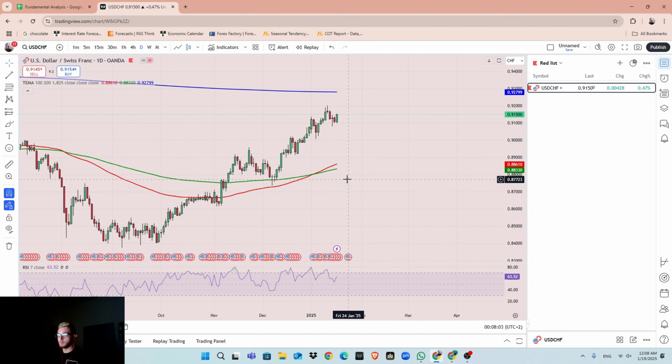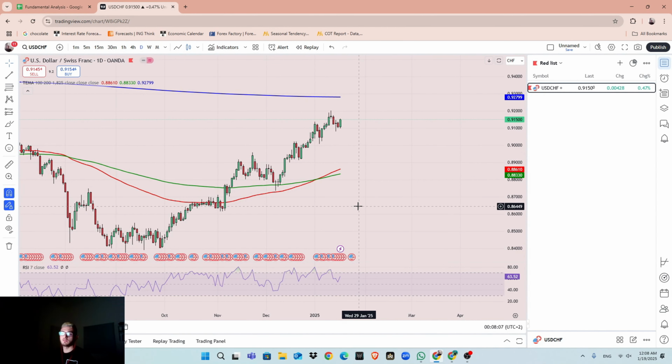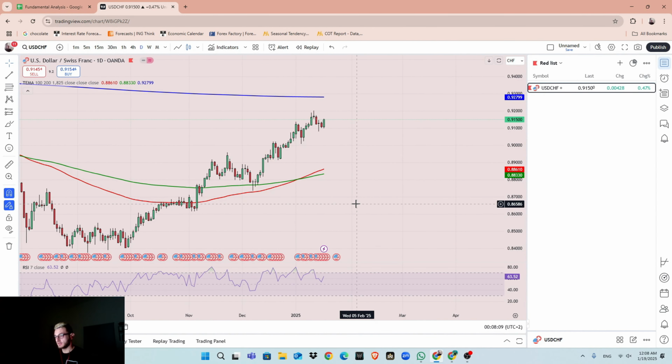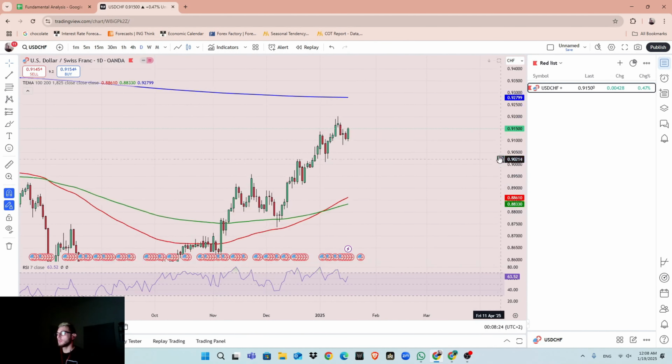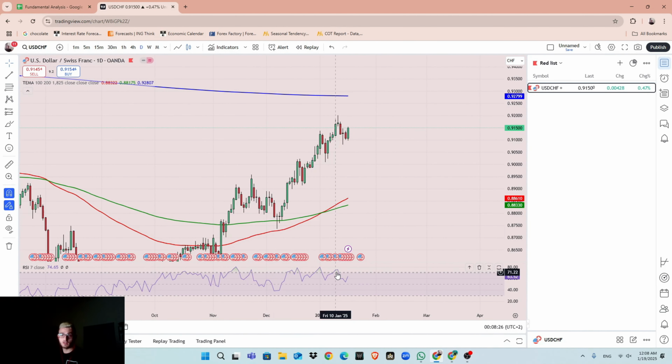Also, I added the moving averages and the RSI just for more confluence. But if we are in a bullish momentum, there is no way to take this overbought condition in the RSI as a selling position, even though we are overbought from a technical perspective.